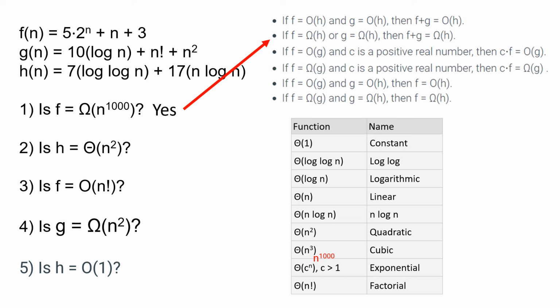So because of that term, we can say that one of the terms grows faster than n to the 1000. So yes, since one of them is omega of n to the 1000, then the sum is also.